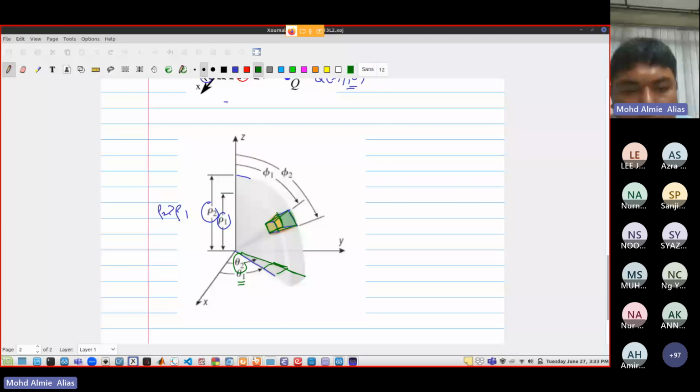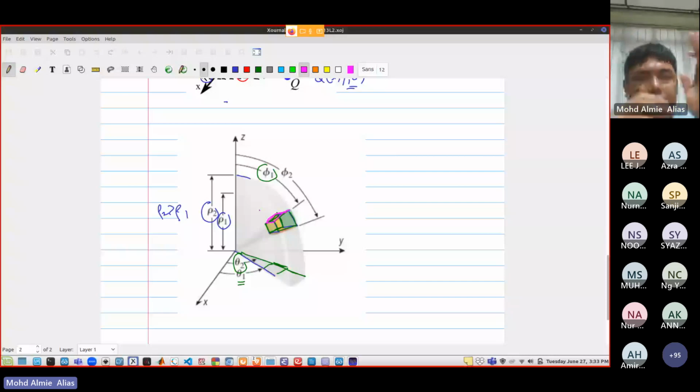And then the third one is phi 1. Phi 1 is actually the surface here, which is the top, the upper boundary of your wedge.